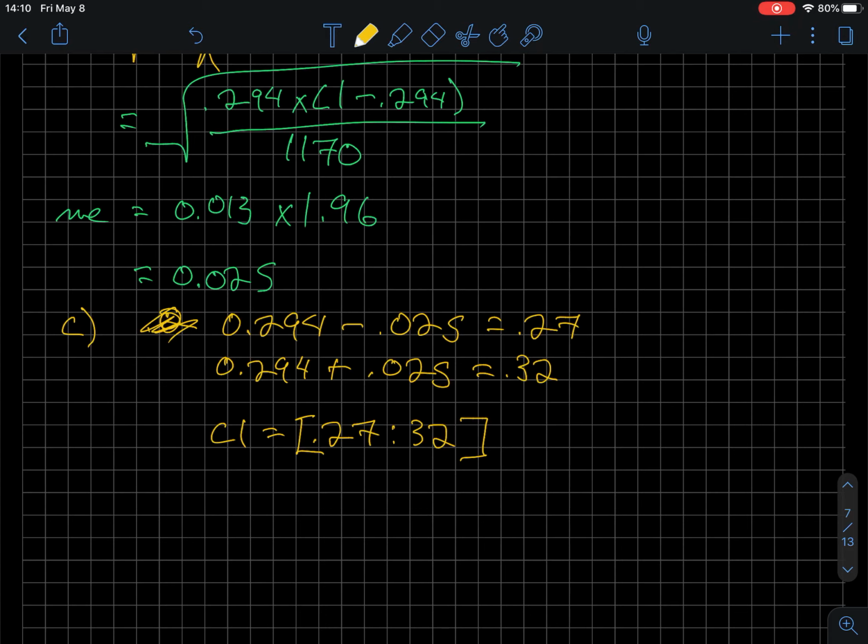Then it's asking us a different one: what are the assumptions, and how do we check for them?